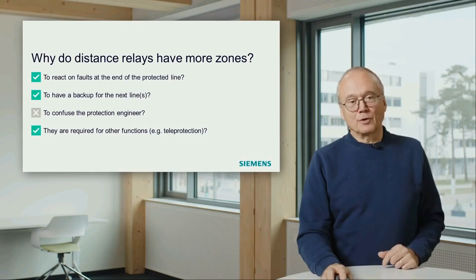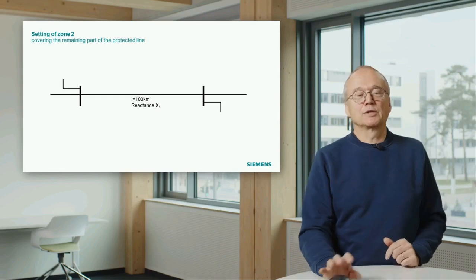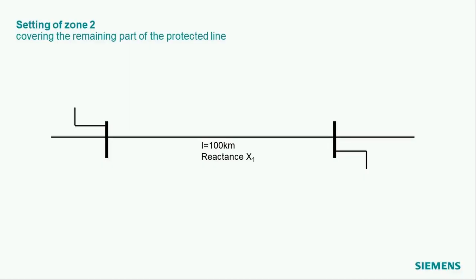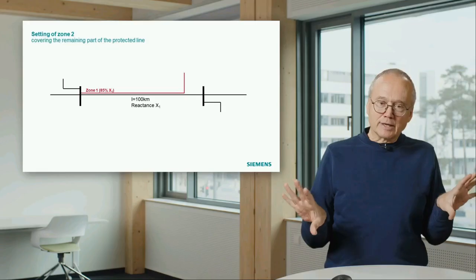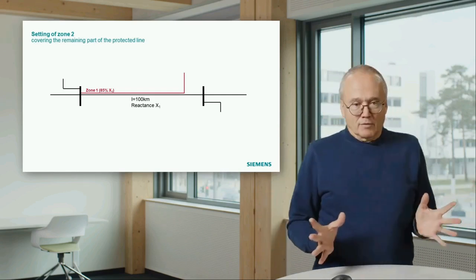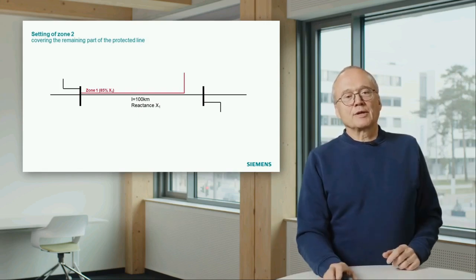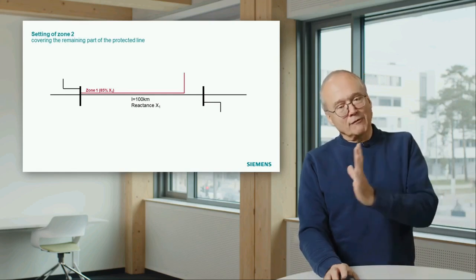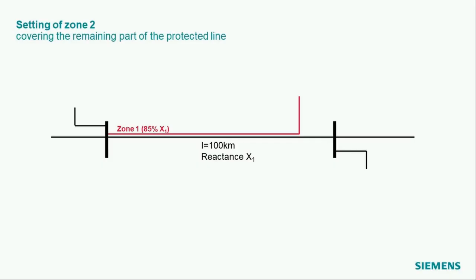Now let's look at the first point. How can we react to faults at the end of the protected line? This shows again our line. In this case, it's a 100 kilometer line. And this indicates the reach of the first zone. Remember, if we again forget about measurement errors, the first zone of the left relay would cover 85% of the line.